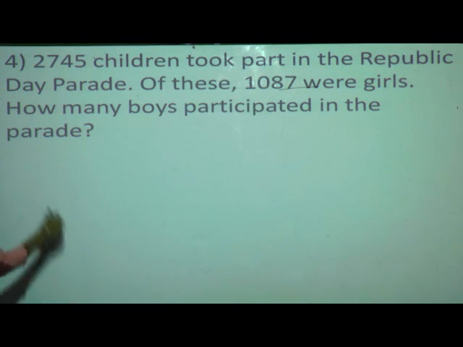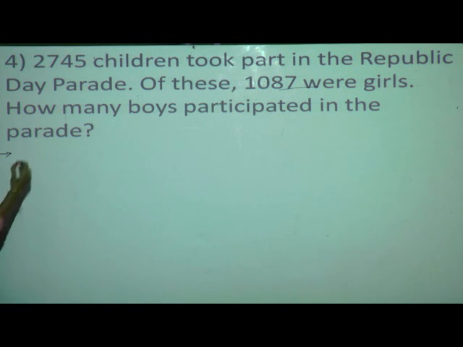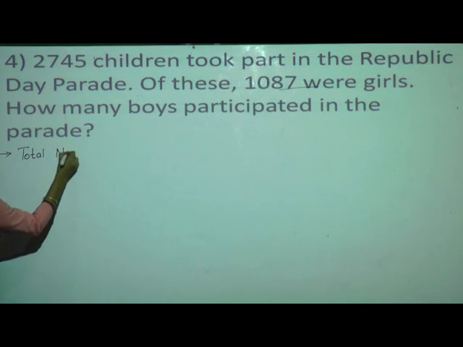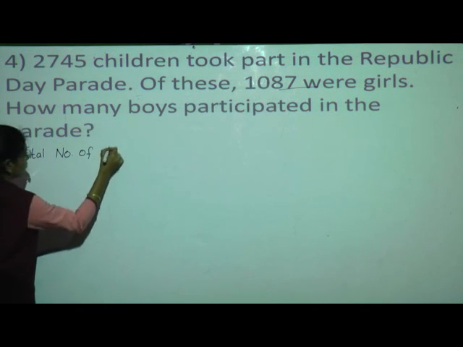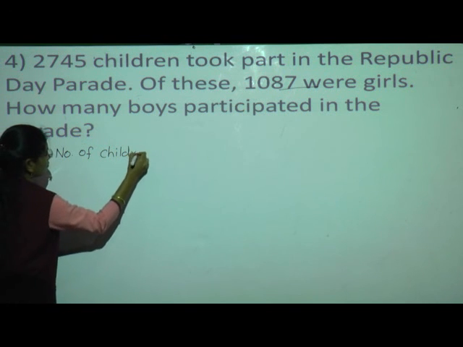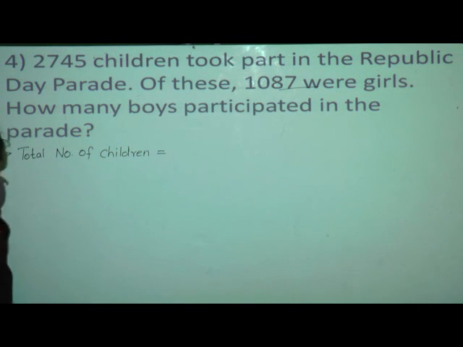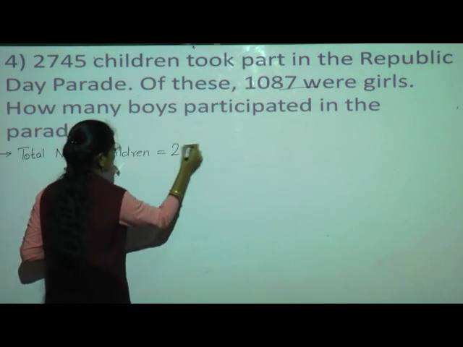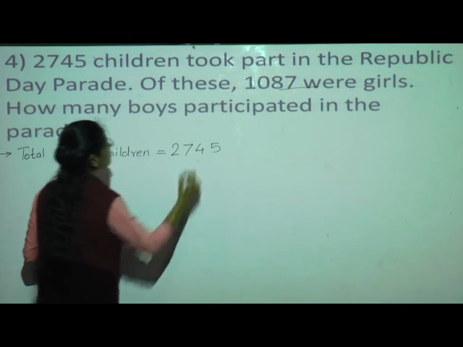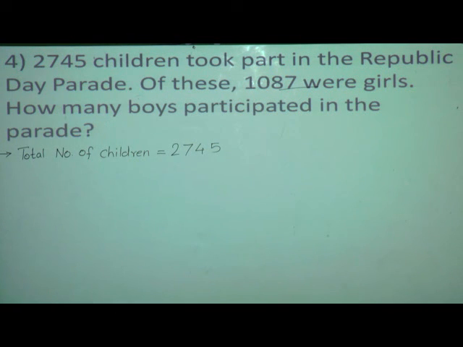Okay, so do the subtraction. First of all, how will you write? What is given? Total number of children. How many were there? There were 2745 children who took part in the parade.